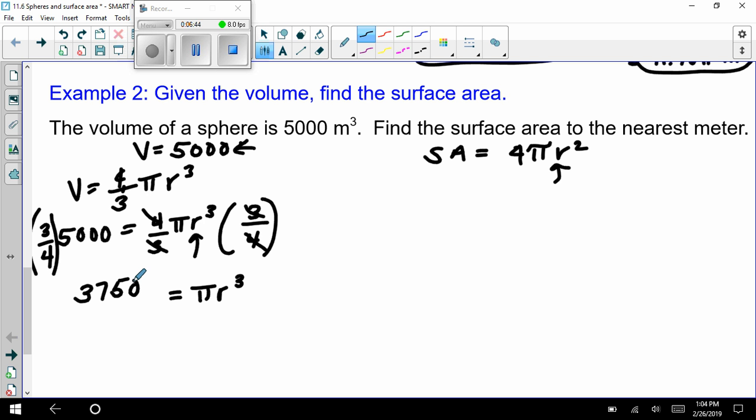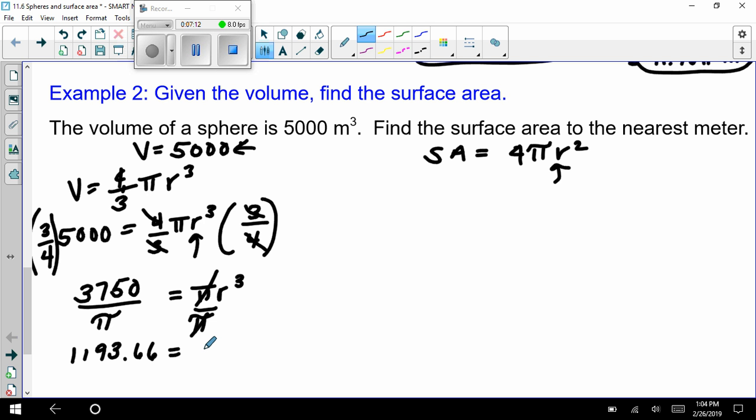Okay, I'm getting closer. Next thing I want to do is get rid of this pi. I'm going to divide by pi, because those will cancel. Okay, this time I am going to plug in pi into my calculator. 3,750 divided by pi leaves me with 1,193, and let's round to the hundredths, 0.66.